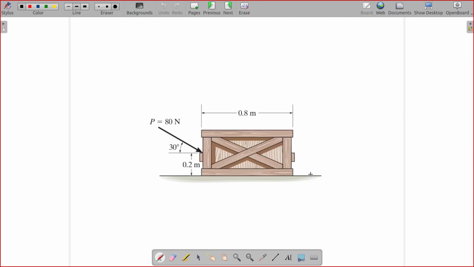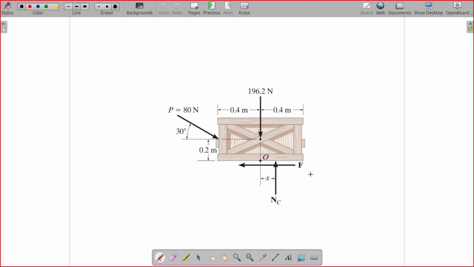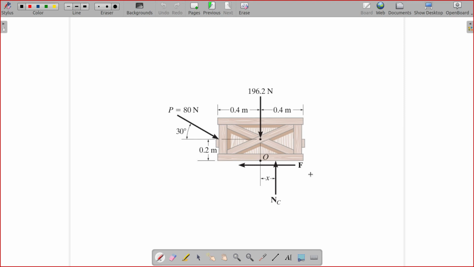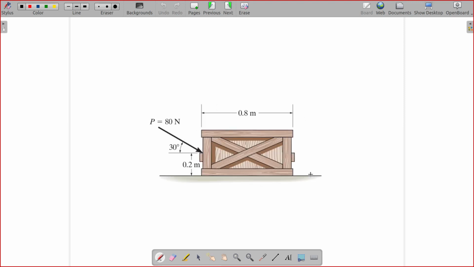All right, did you understand how we have written all the external forces here? From here to here, how did we come up with this free body diagram? Do you have any questions here? Yes or no? No, sir. No, thank you. So that's not a problem here, right?